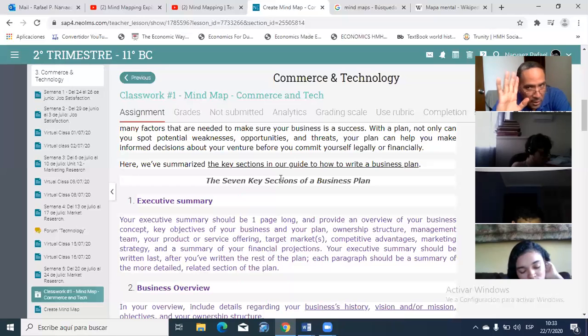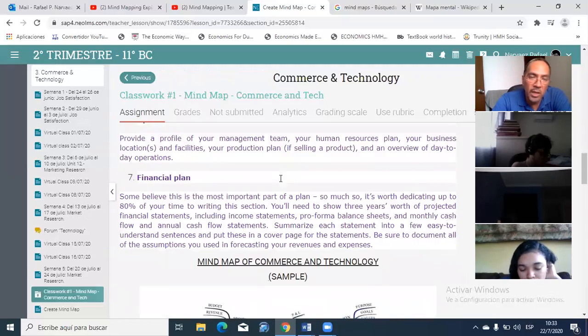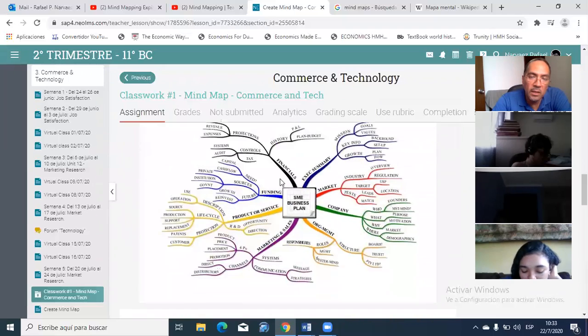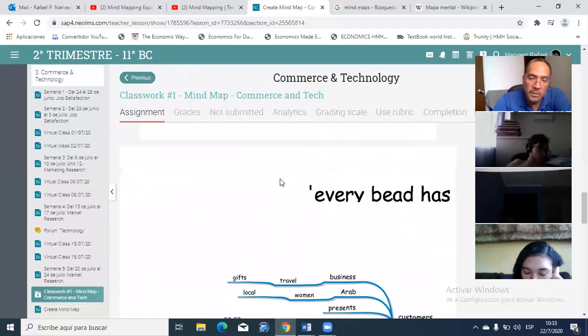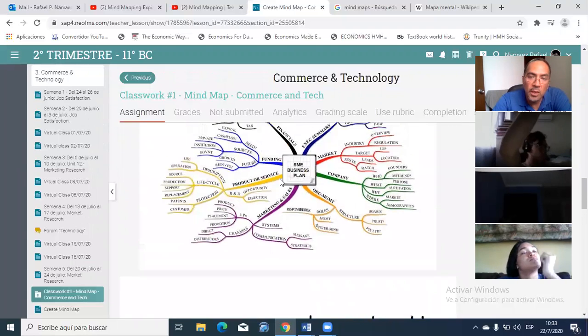First try to think of what you want to be involved in. And then with that in mind, you try to complete these branches of the mind map that I'm asking you to create, guys.